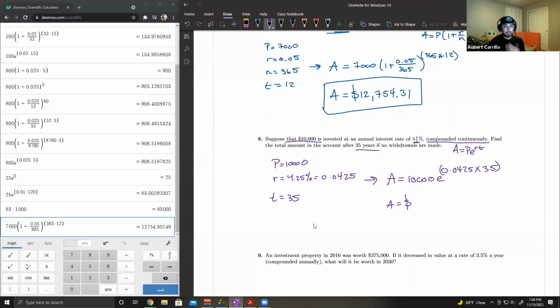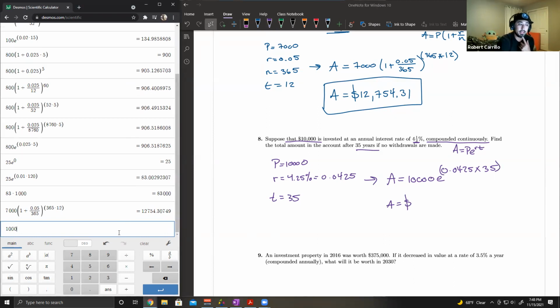And put that in parentheses. So type this one in, 10,000, hit E, and then raise it to the 0.0425 times 35.